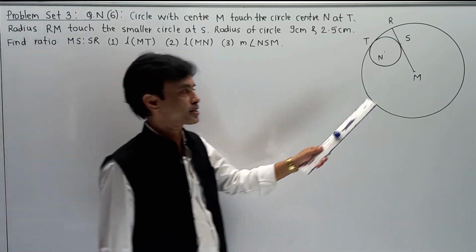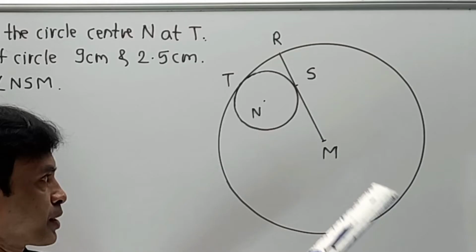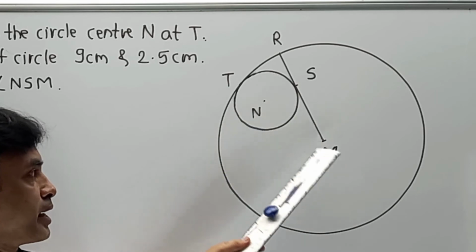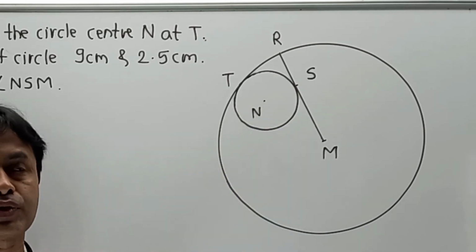Now we are trying to understand the same numerical from the diagram point of view. They have given M and N, the centers of two circles.